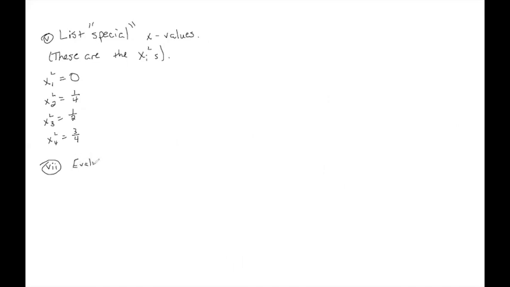Okay, so now we move on to evaluate all the f of x_i^L. Evaluate all of these things. What I mean is just plug in the special x values. So f of x1 is f of 0.